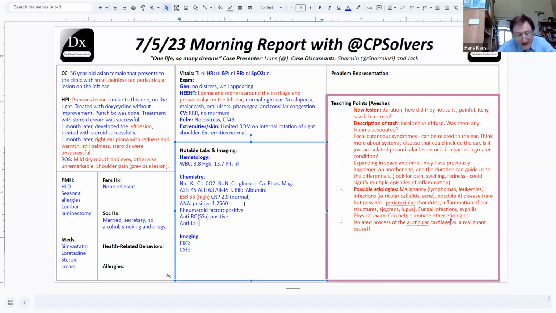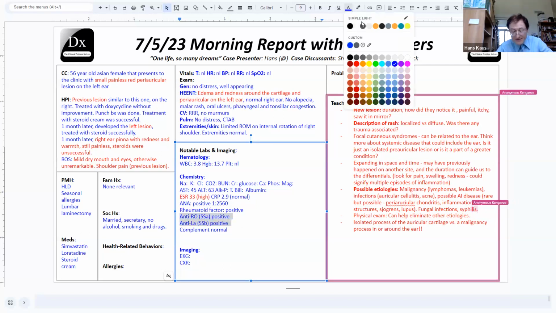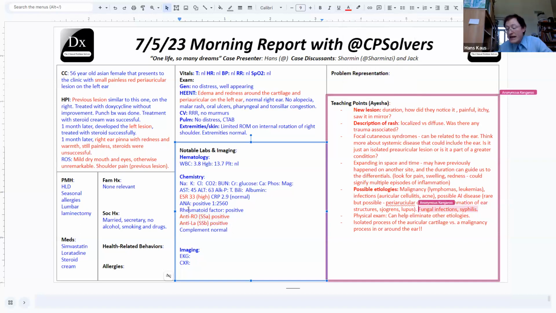All the other specialized tests like ribosomal P antibody negative, double-stranded DNA negative, anti-Smith antibody negative, and topoisomerase 1 antibody SCL70 negative. So we can summarize, we had a positive ANA, positive rheumatoid factor, positive SSA, and positive SSB.